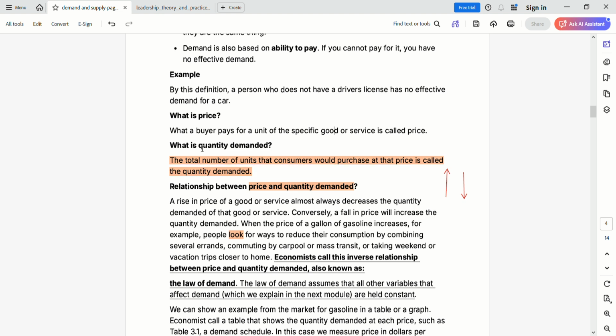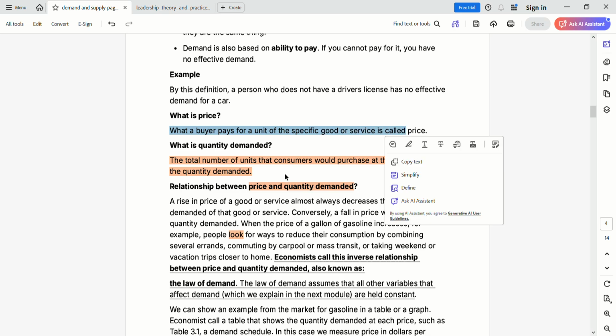Again, the last term is quantity demanded. In the last lecture we discussed in detail what demand is and the difference between demand and quantity demanded. The total amount of units that consumers would purchase at that price is called the quantity demanded. For example, we said that the price of mango per kg is rupee 200.